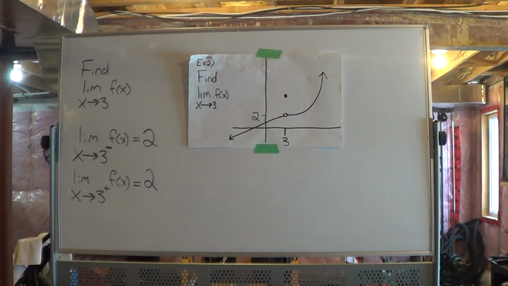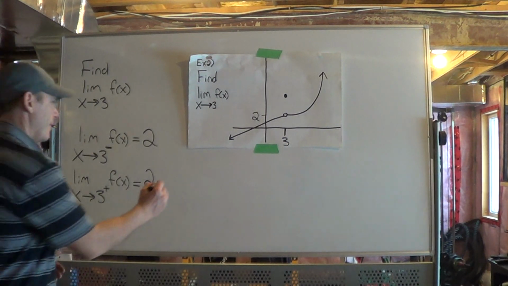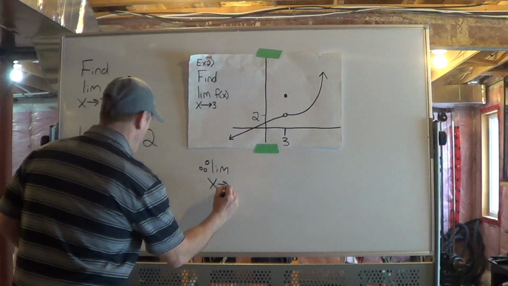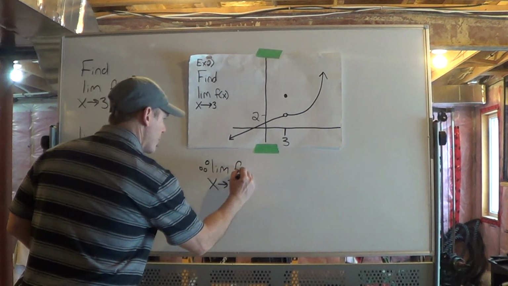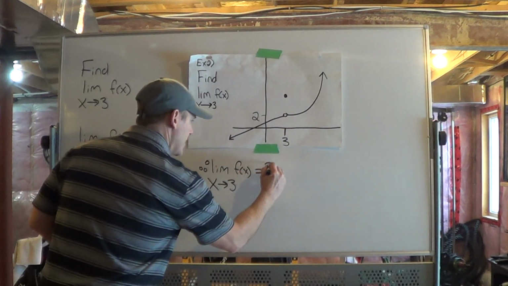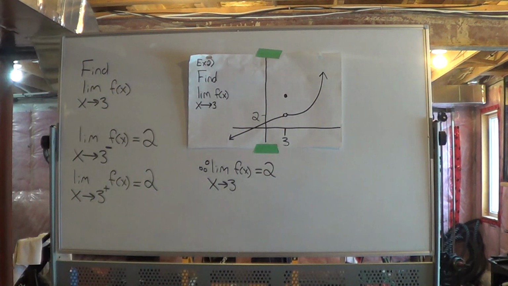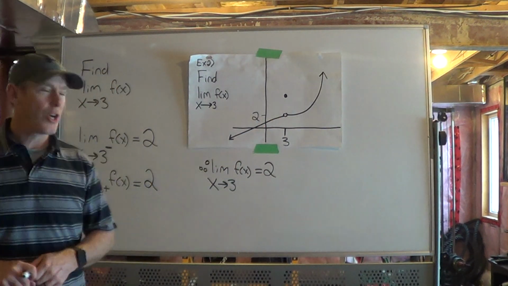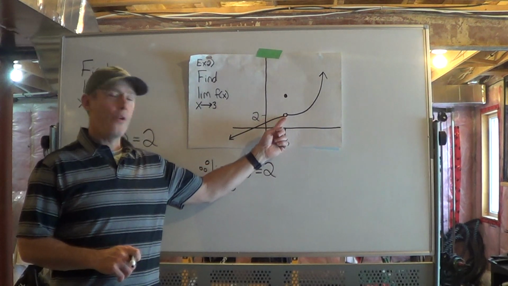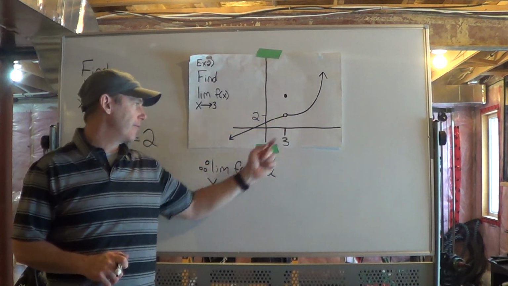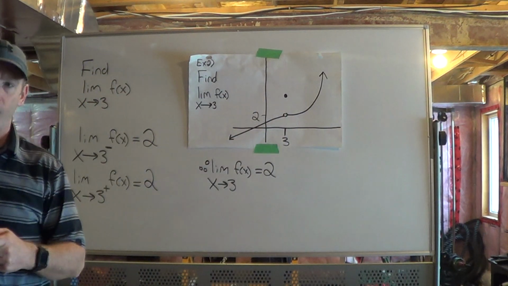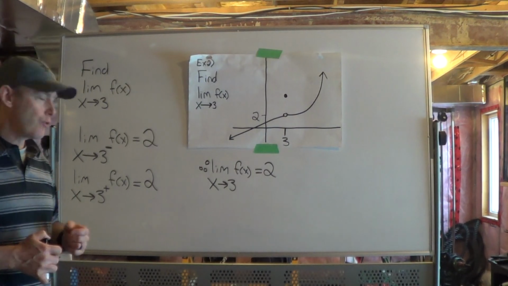And so because our left-hand limit and our right-hand limit are the same, the limit as x approaches 3 of that function is going to equal 2. Just like in our last example where I said something special goes on, where there's a hole, that would be a point discontinuity. Our function goes along, but then there's a hole there because it jumps up. We're going to talk about discontinuity in a future class.